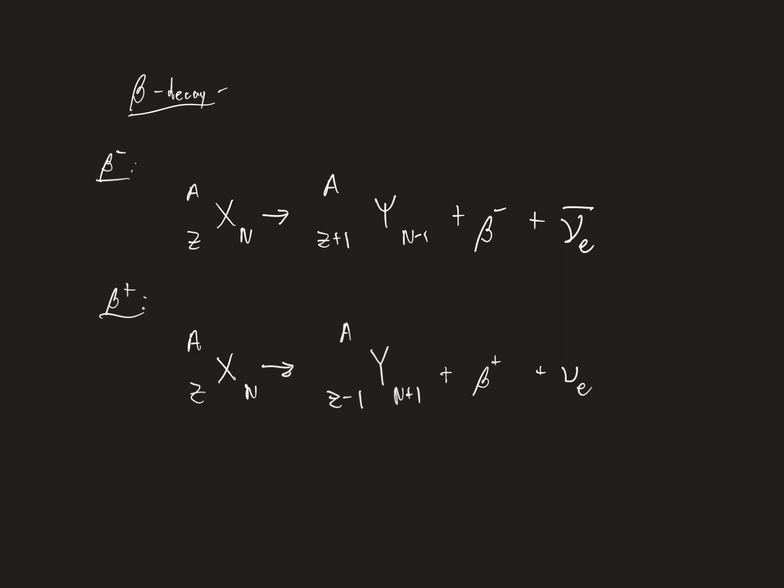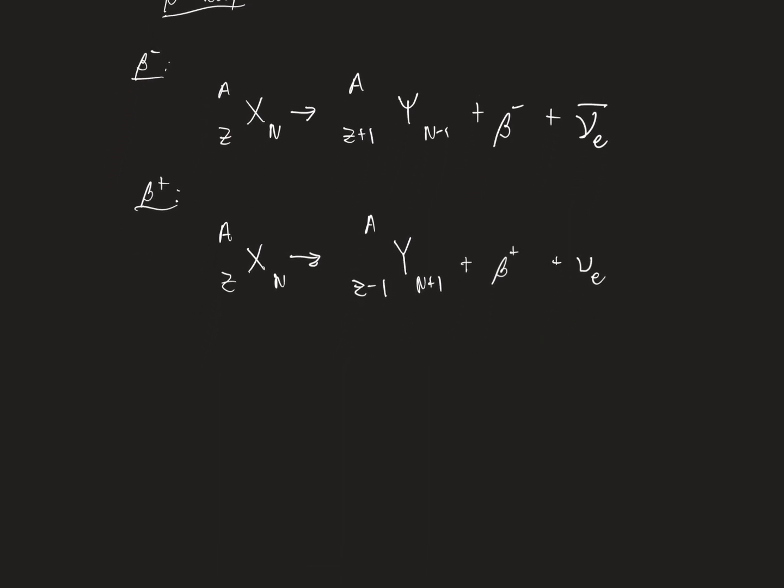Then there's another kind of decay that we'll talk about, electron capture. So this is where we gain an electron. This one's a little bit different. We've got our X, Z, N, A. And then what this is going to do, this is going to grab an electron. So what's different about this one than all the previous ones?